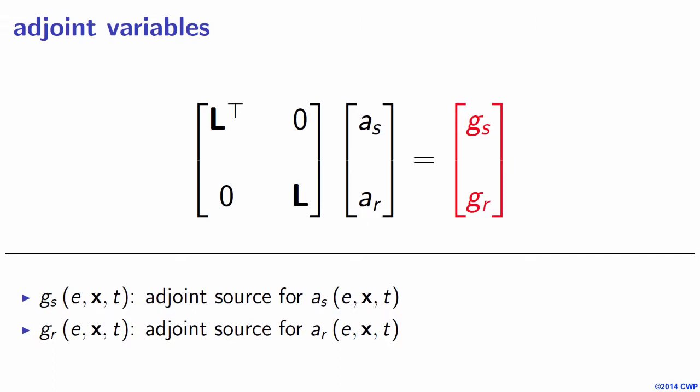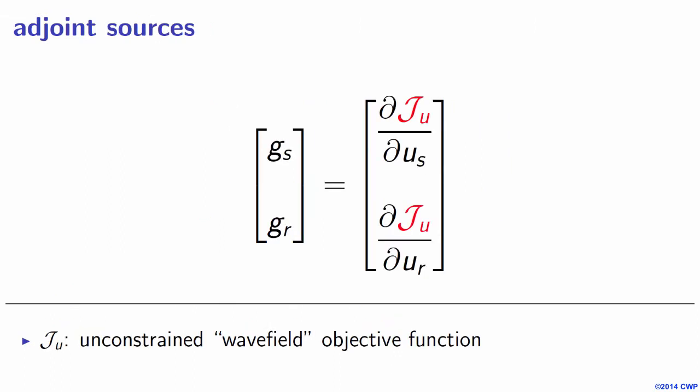What is key here is the fact that we have a source for the adjoint variables, and the source is indicated by letters Gs and Gr. What's really useful to know is that Gs and Gr, the adjoint sources, depend on this quantity I just mentioned, the unconstrained component of the objective function Ju, which depends on the source and receiver wavefields.